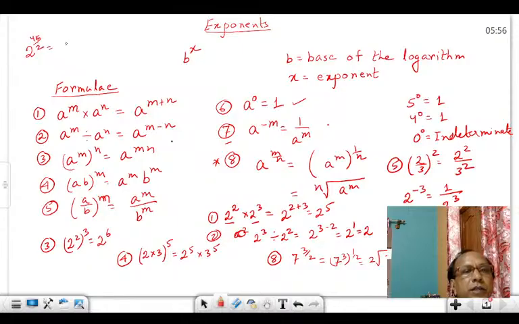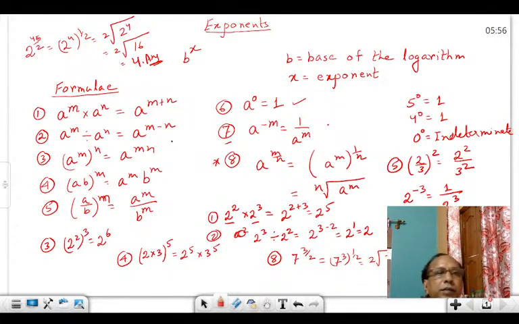It can be written as 2 to the power 4 to the power half, and half can be written as square root of 2 to the power 4. And square root of 2 to the 4 means how much? 16, or square root of 16 is 4. That is the answer. In this way we can find any number, right?